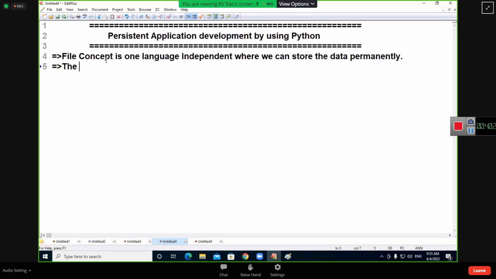So far what we did, only one program we executed. Next we went for what? Python to Python communication, we went with the modules concept. And we went for what? Python program communication with any of the environments, Python environment, IDE environment, anywhere else, we achieved it with packages.